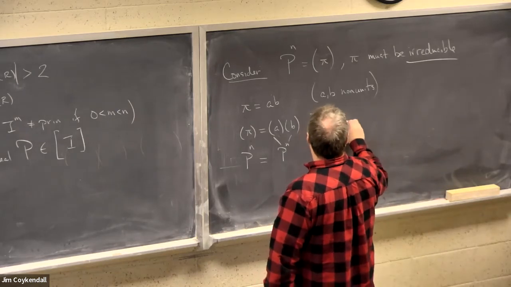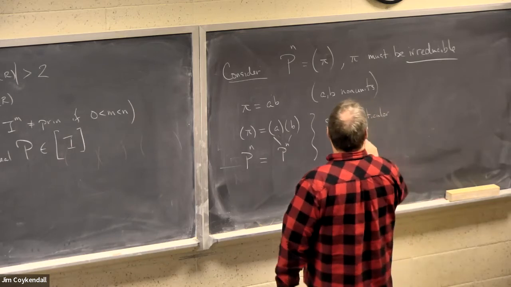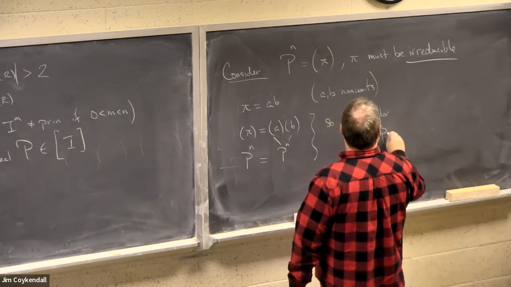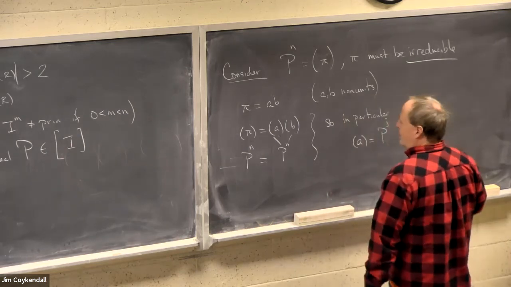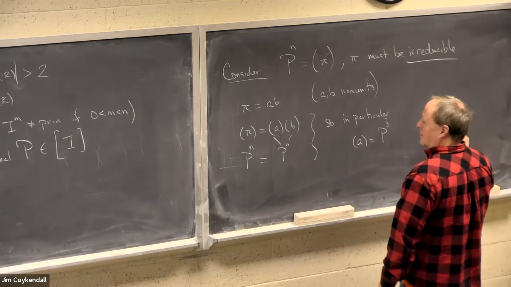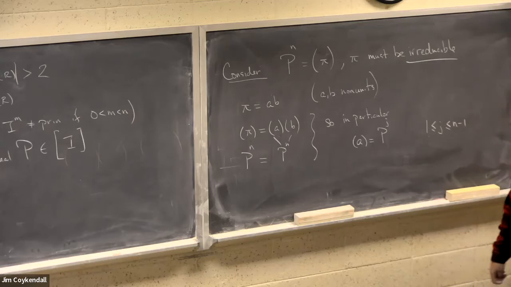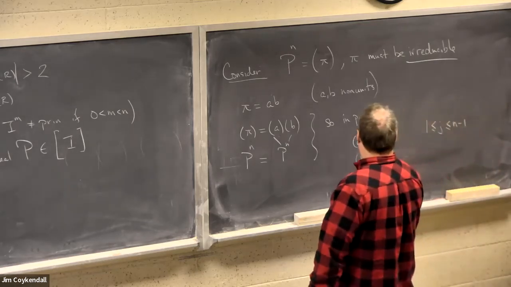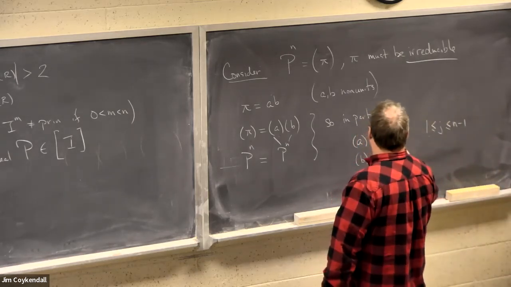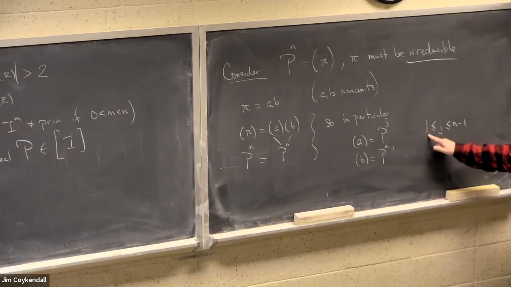So, in particular, (A) must be P to the J for some J, and (B) is P to the n minus J. Now, J is greater than or equal to 1.